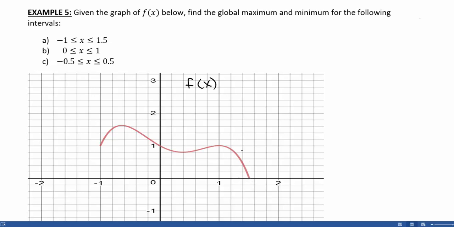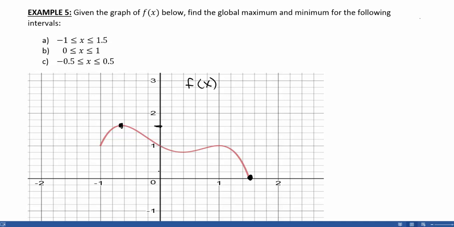So if we're looking for the global max and the global min, we're looking for the highest and lowest points on the graph. So the highest point appears to be right here. And the lowest point appears to be right over here. So now I need to find their corresponding y values. So here, this highest point appears to happen at y equals 1.6.